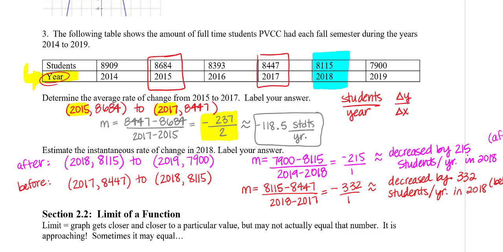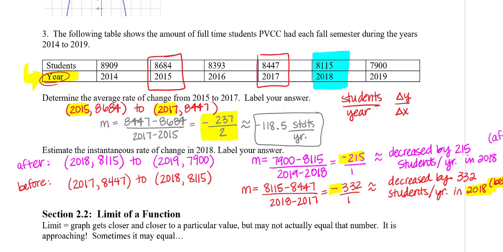Okay, so what I could say is from 2017 to 2018, so it's very important I note before 2018, right? From 2017 to 2018, I decreased by approximately 332 students per year. Again, it's a negative, so I would say decreased. And then after 2018, so for that year after it, I decreased by 215.